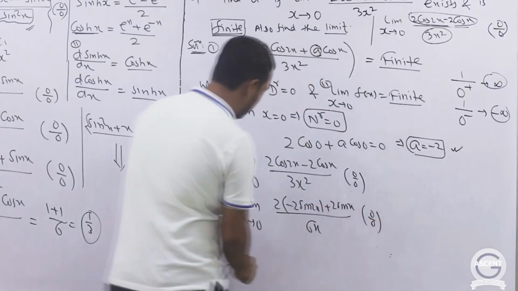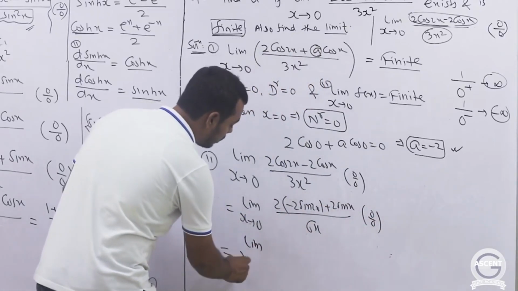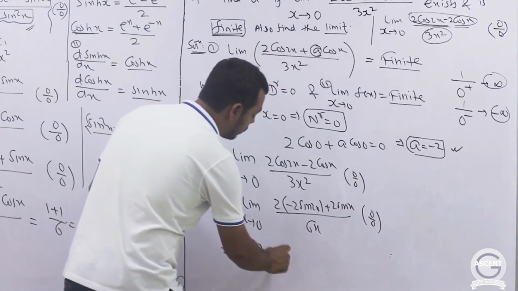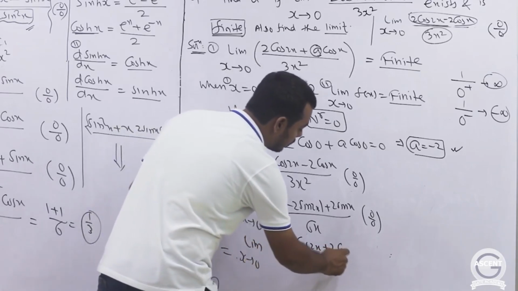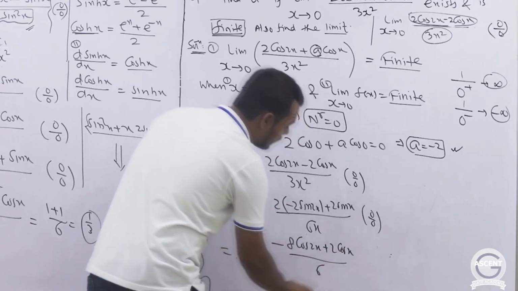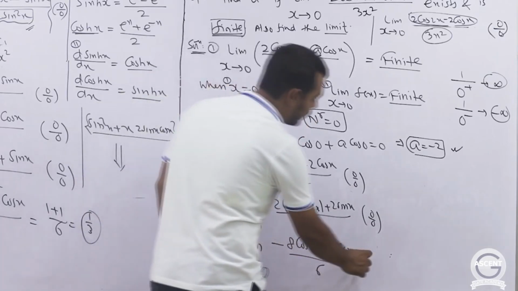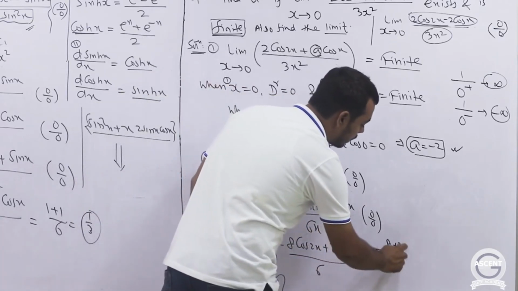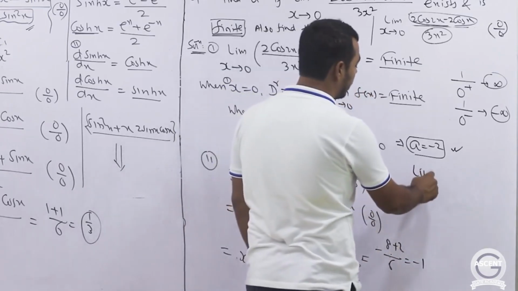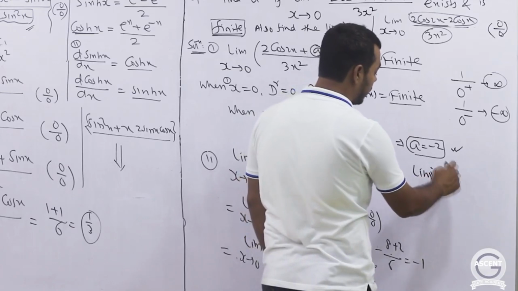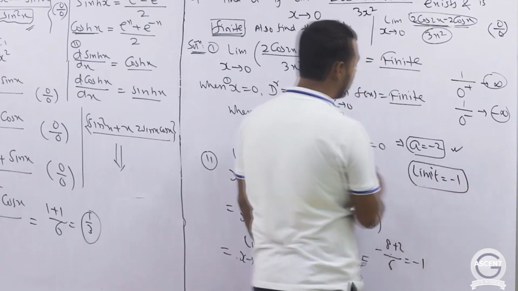Again 0 by 0 indeterminate form. Again apply L'Hopital's rule. Limit x tending to 0 of minus 8 into cos 2x plus 2 into cos x, divided by 6. If you place 0 here, then you will get minus 8 plus 2 by 6, which is minus 1. So a is minus 2 and the value of the limit will be minus 1.